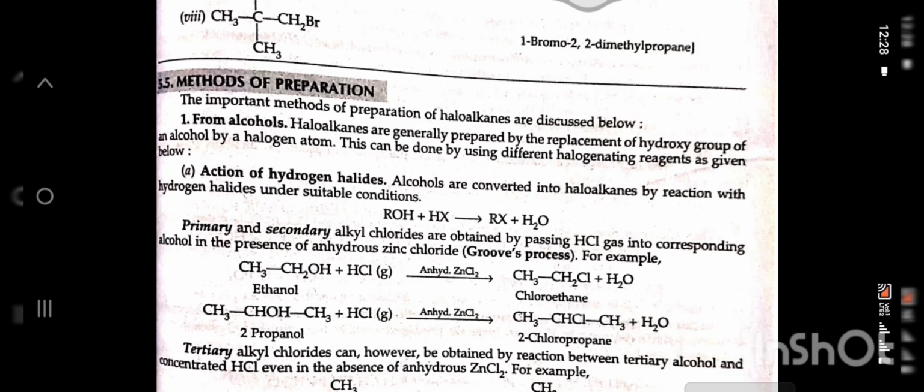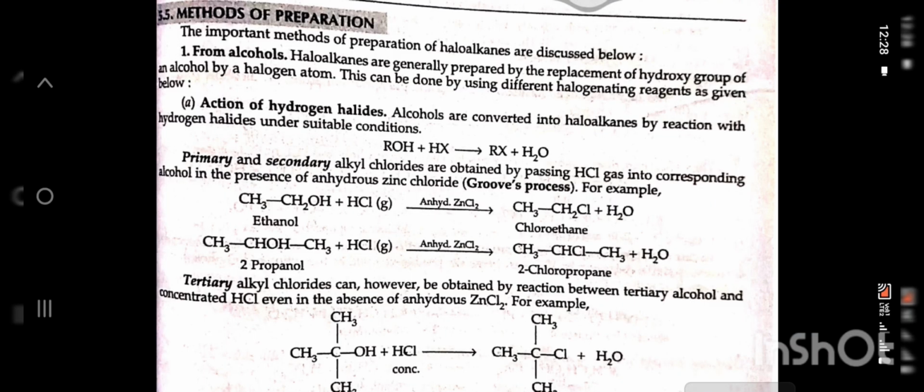Primary and secondary alkyl chlorides are obtained by passing HCl gas into the corresponding alcohols in the presence of anhydrous zinc chloride, the Groves process. For example, CH3CH2OH, ethanol, plus HCl in the presence of anhydrous zinc chloride gives chloroethane plus H2O.